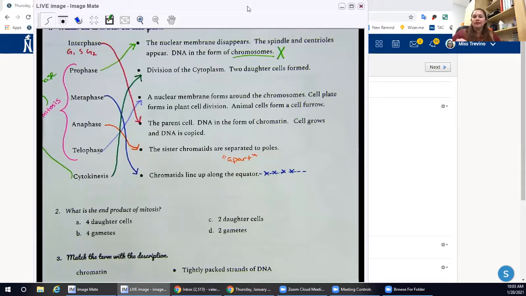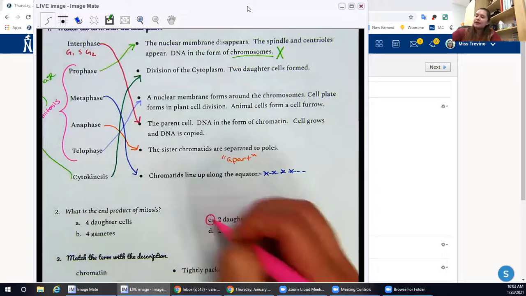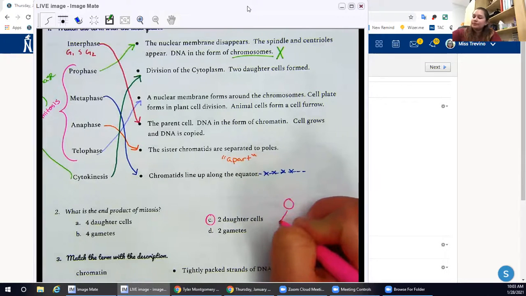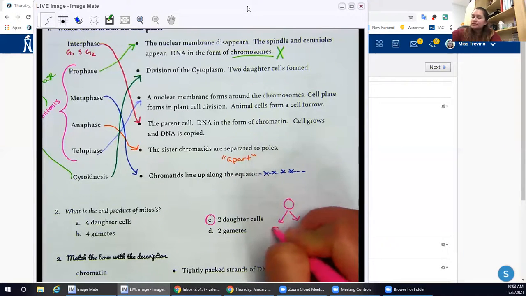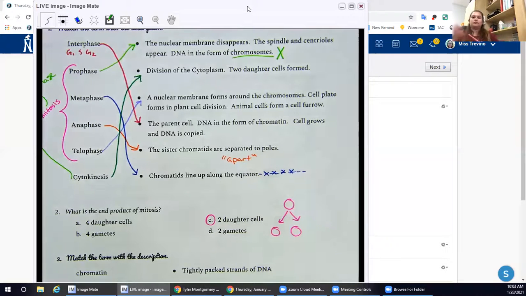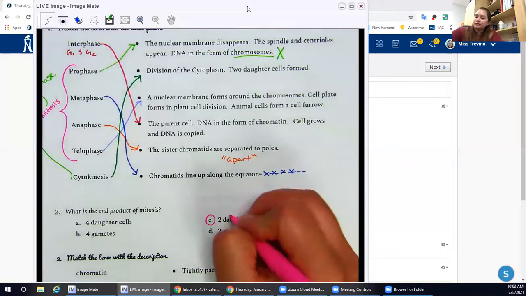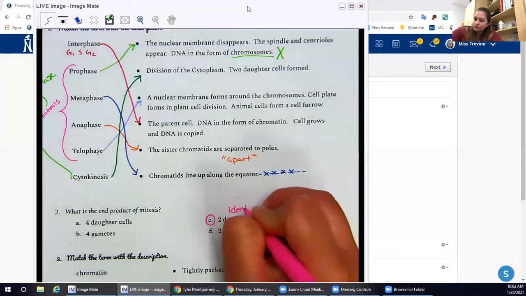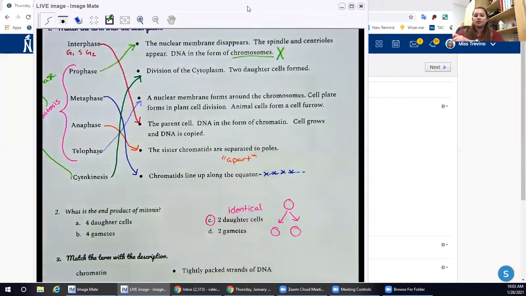Number two, what is the end product of mitosis? Well, the whole point of doing mitosis is so that way we have two daughter cells. That's what we want. We start off with one, and it splits into two. And make sure that they're identical. We want the same number of chromosomes.